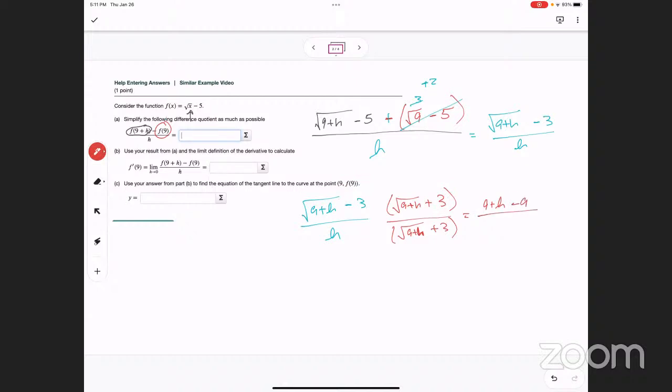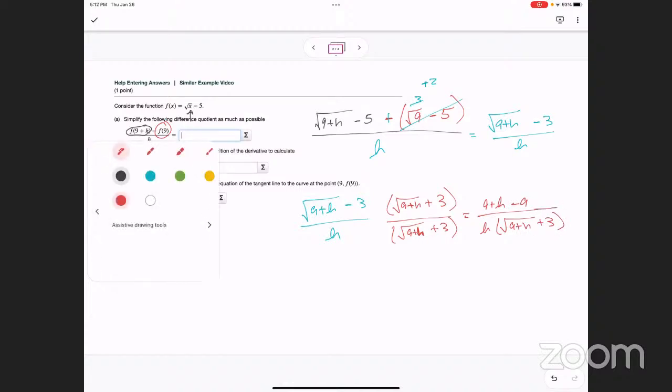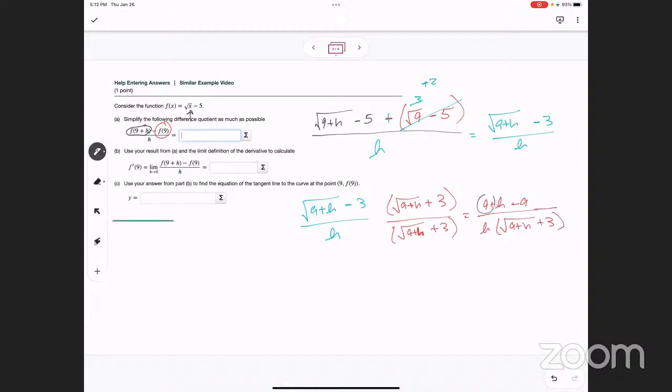And what do you know? What happens to the 9 and the -9? What happens to this and this? They cancel out. That's right. And then you just have h over h, and h over h cancels out to 1, right? So that's always what happens with this kind of formula.